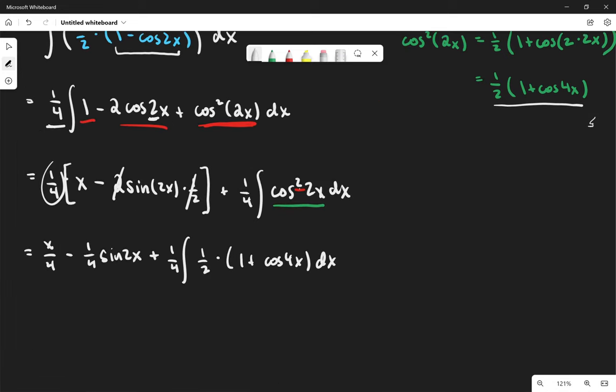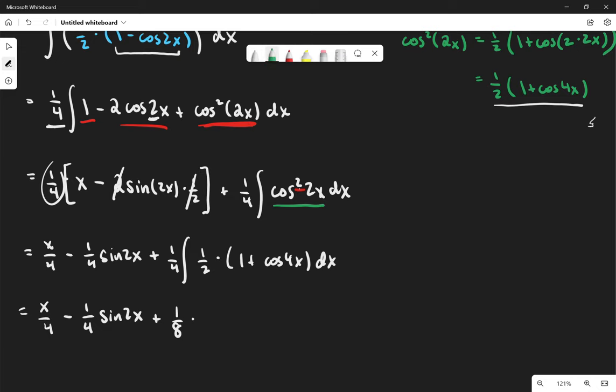Now, things still look really gross, but at least I can integrate now. X over 4 minus 1/4 sine 2x. Oops. I have 1/4 times 1/2 is an 1/8. And then I integrate.